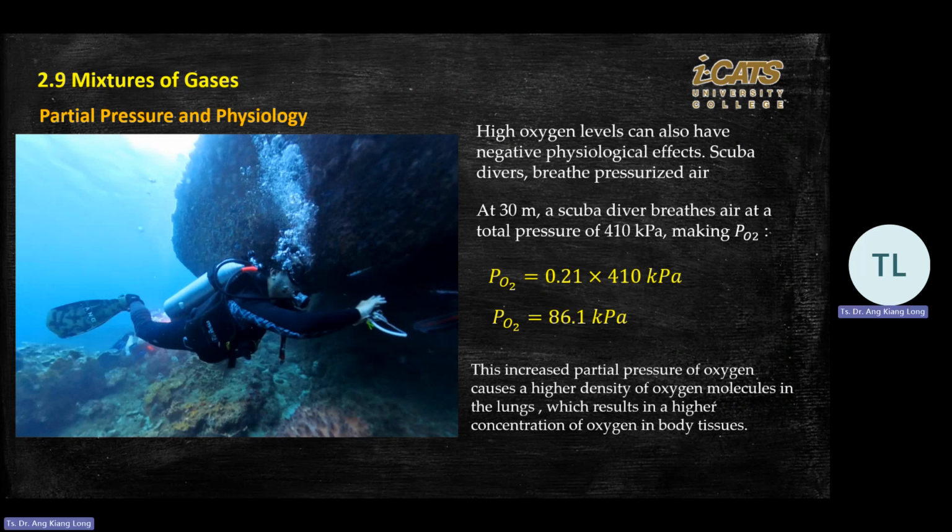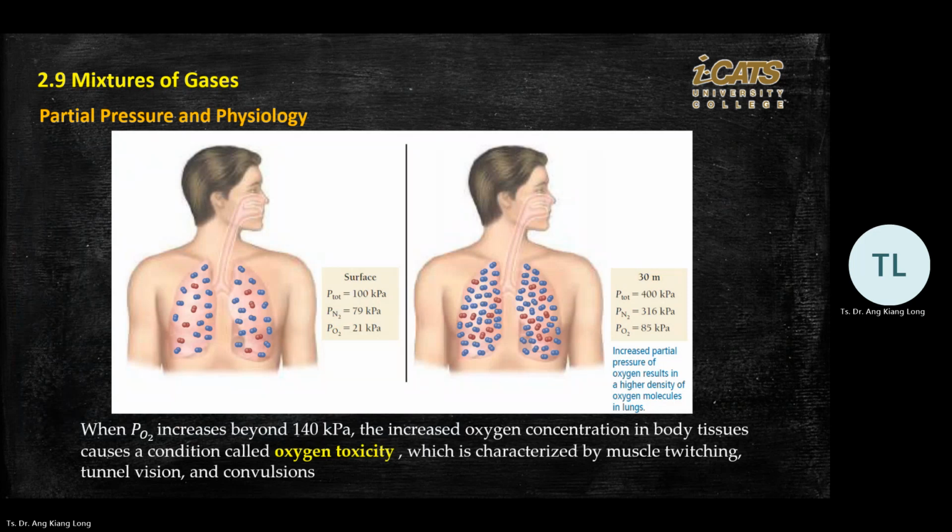So you have a higher oxygen content in the lung. Too little oxygen is not good, too much oxygen is also not good. Right? So this is just some physiology, what happens to the body. So at the surface, P total is 101 kilopascal or 100.